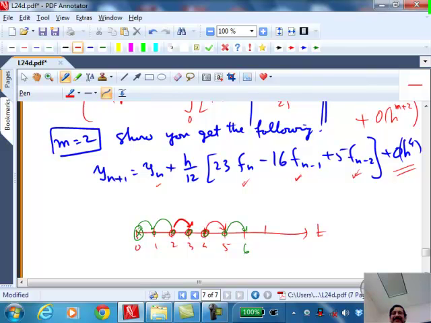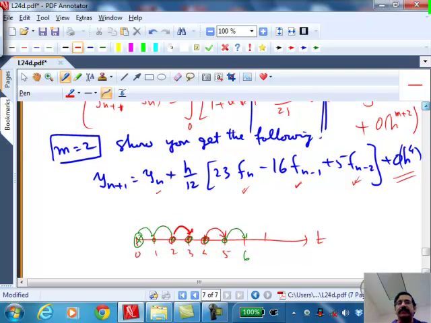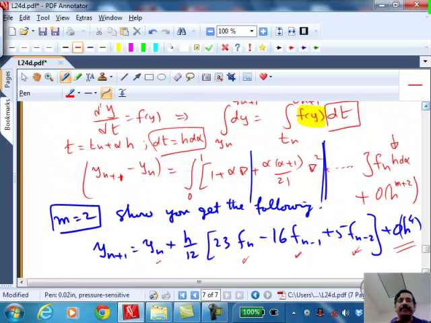You're all anxious for the quiz, right? Let me ask you one last question. Now, I've briefly discussed how you would develop these multi-step methods. In this particular case, I chose a Newton backward formula using the reference point at n, so it is at Tn.